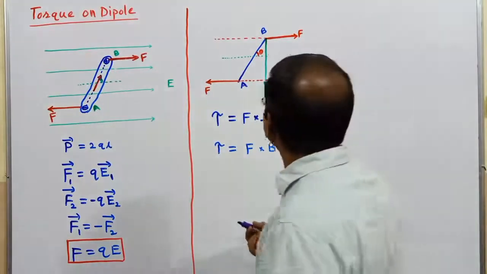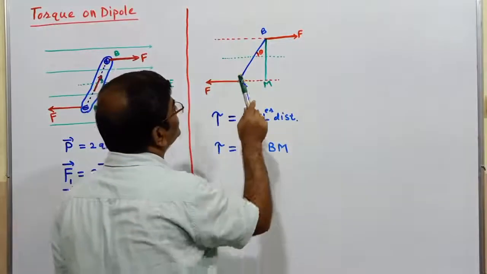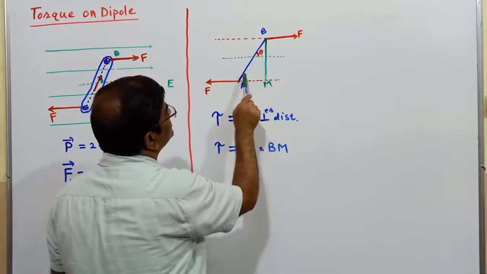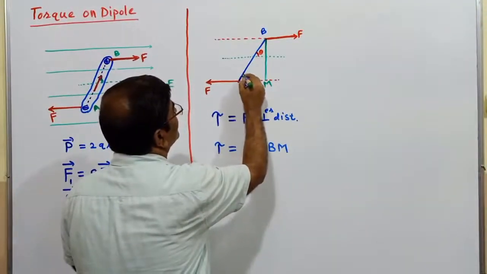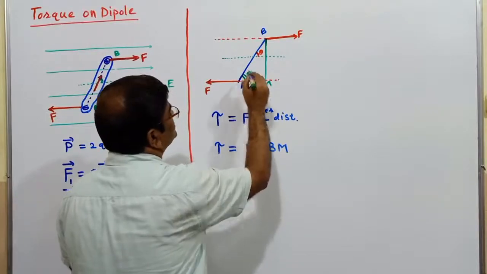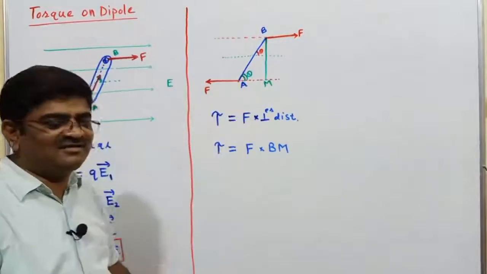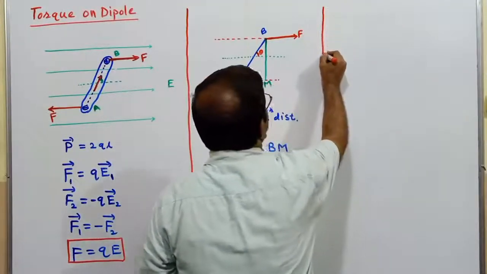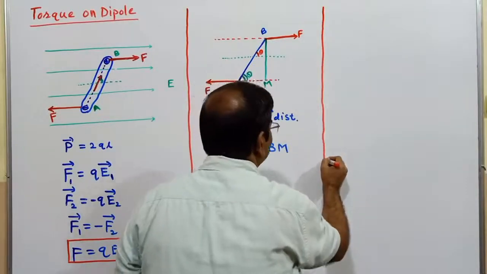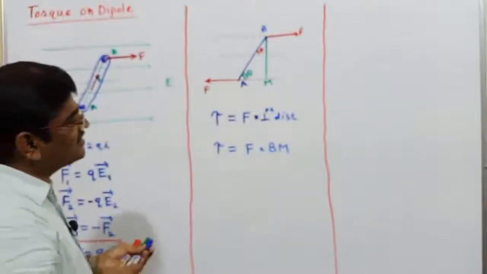To get that BM, you can agree with me, if this angle is theta, this angle also has to be theta. And once I get to know this, I'll focus on one right angle triangle which I have there. Which is that right angle triangle?